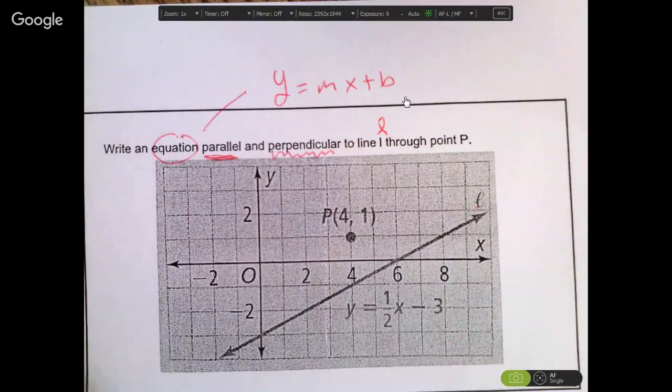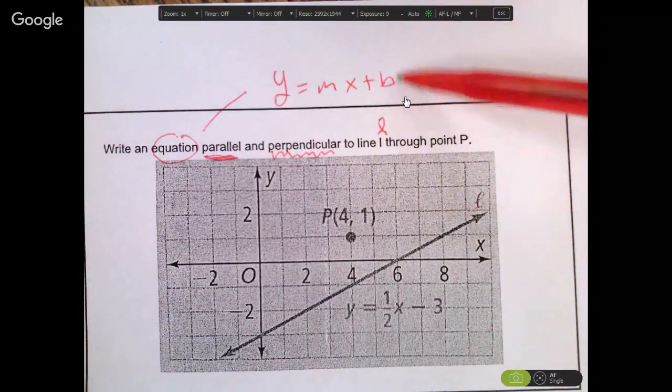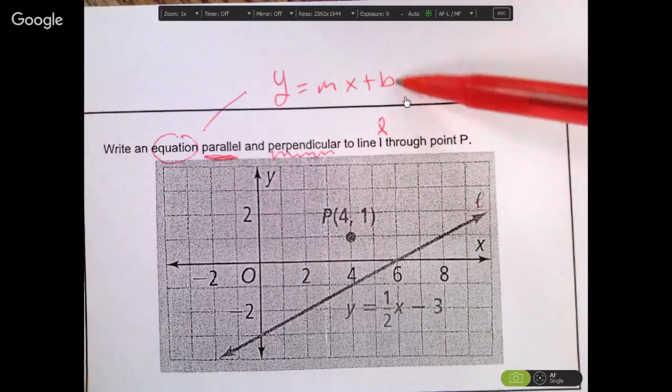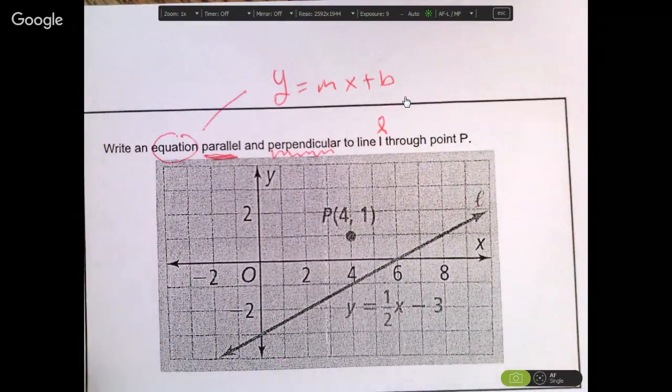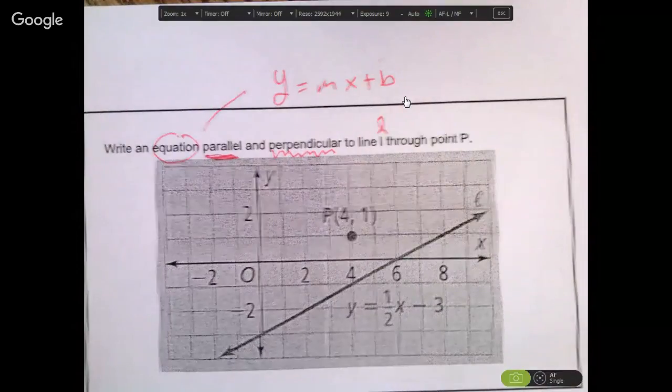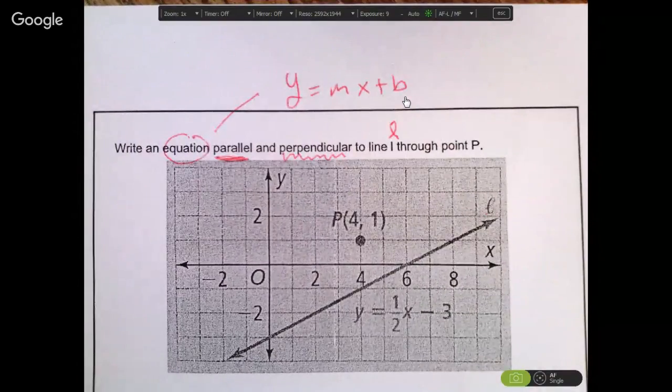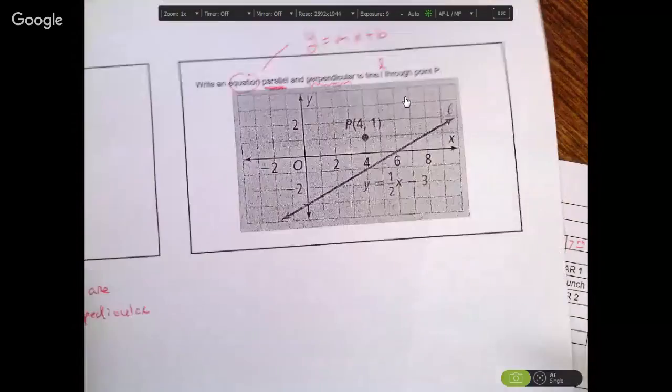We have an equation of the line if we know 2 things. What 2 things do we need to know? The slope and the starting point, or the y-intercept, or the b, however you want to say that. We're going to do it in 2 parts, because there are 2 parts to the question.